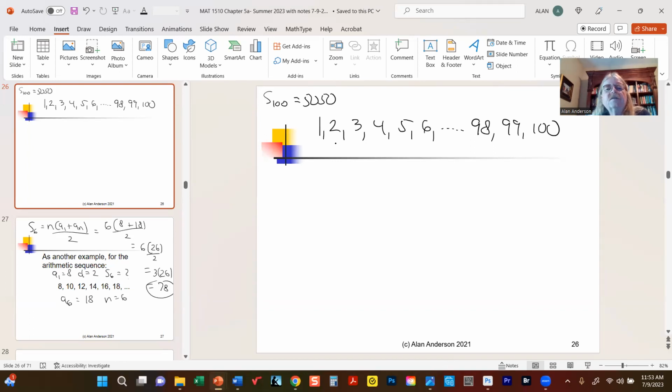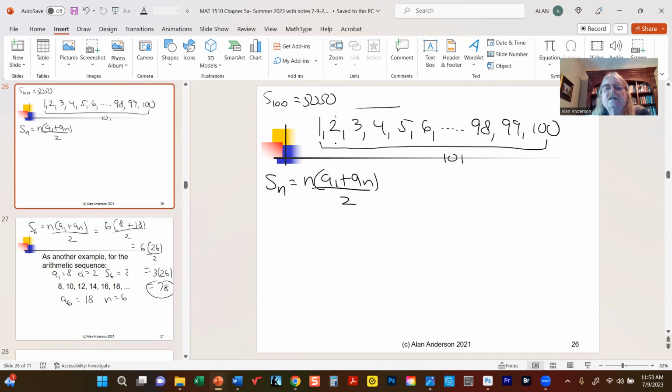And we've seen that the reason why this is the case is because we have n, A1 plus an over 2. So here's how you have to visualize this. If you took the first and the last terms, you'd have a sum of 101. If you took the second and second to last, they add up to 101.